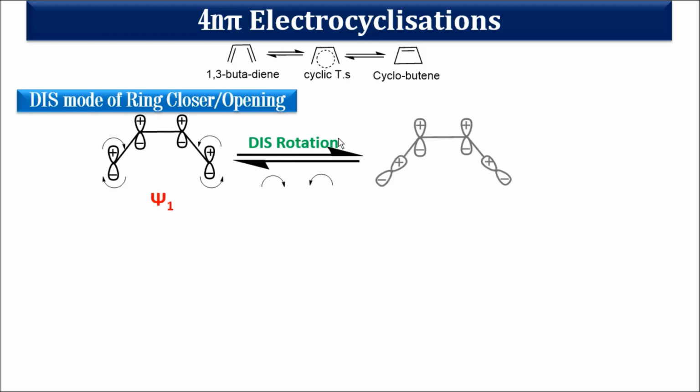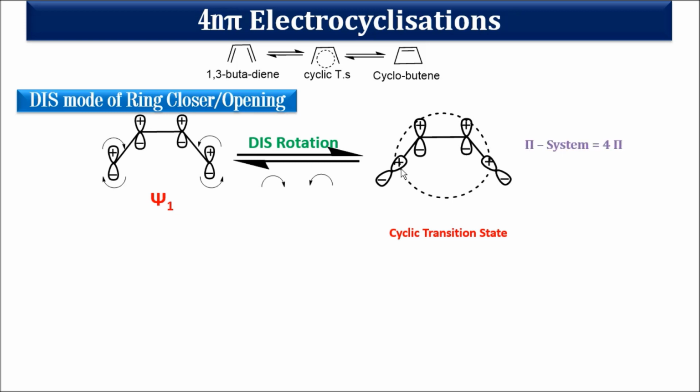Okay friends, after the rotation, I am rotating this orbital clockwise slantly, and this one is also rotating anti-clockwise slantly. Now connect all top side lobes. Yes, after the rotation, you can observe these two lobes are going to connect, then connect those two. Now this is the transition state. Plus connected to plus, plus connected to plus, plus connected to plus, plus connected to plus.